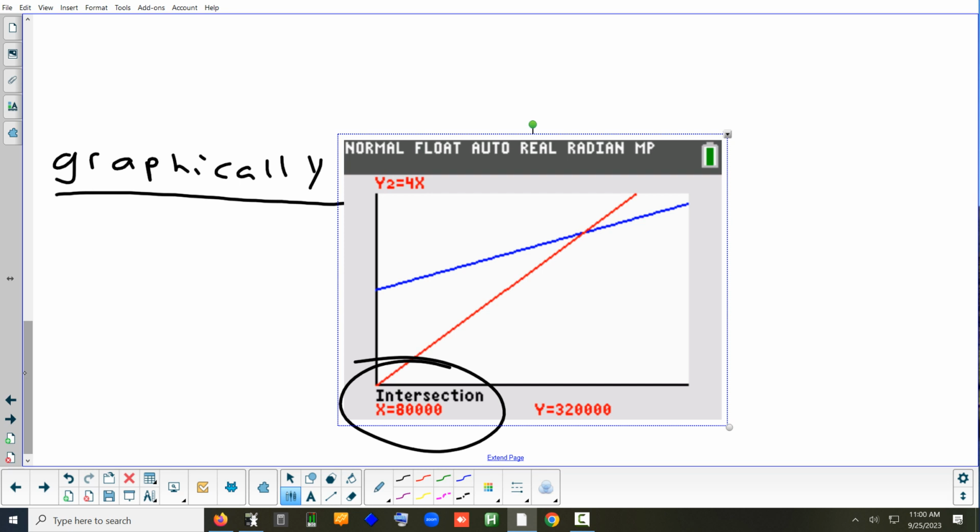It would be 320,000. If you sold 80,000 shirts, what would your revenue be? Your revenue would be 320,000. Your profit at that point, the break-even point, would be 0. So if they ask you what is the break-even point, that's the coordinate. And now if you sell more than 80,000 shirts, you make money.